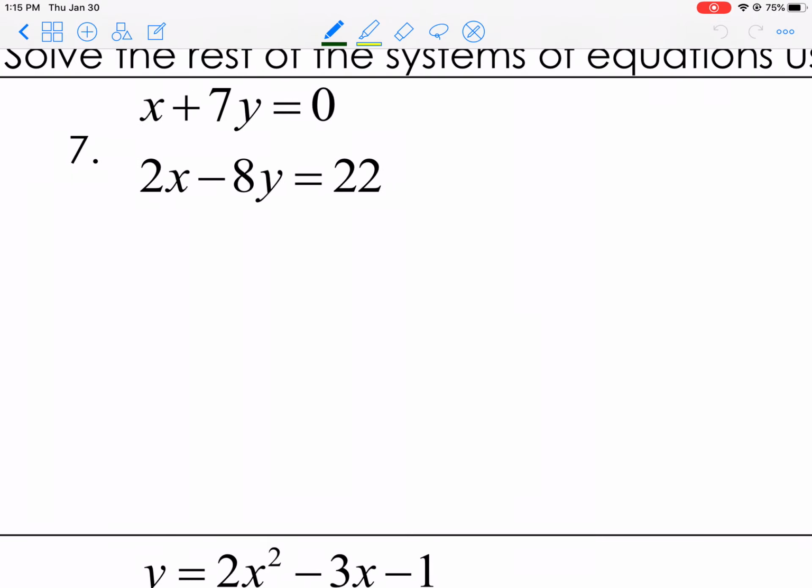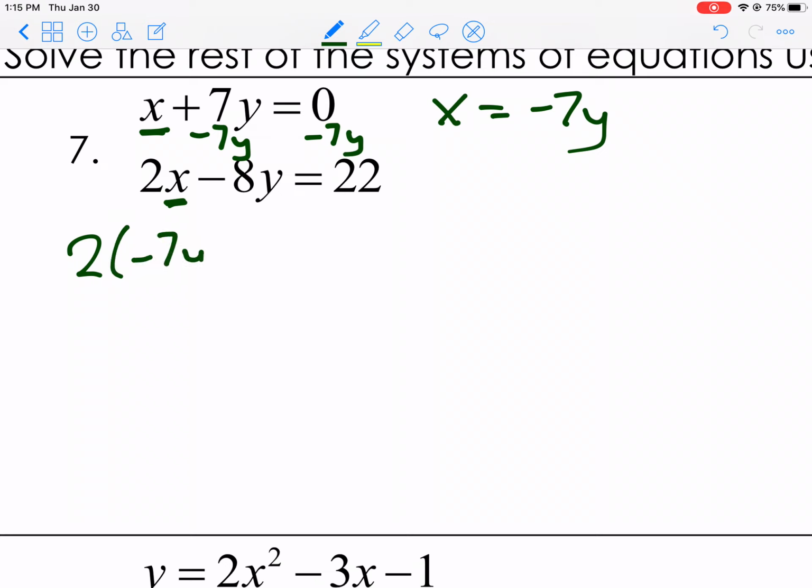Okay, so I want to solve this top one for x. I want it to look like x equals stuff. So I'm going to subtract 7y. So I have an equation that says x equals -7y. I'm going to plug it in right there where the x is, right? Because we know x equals that stuff. That's why we're doing it for x this time. So 2 times -7y minus 8y equals 22.